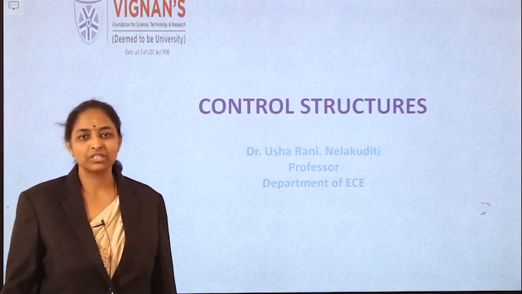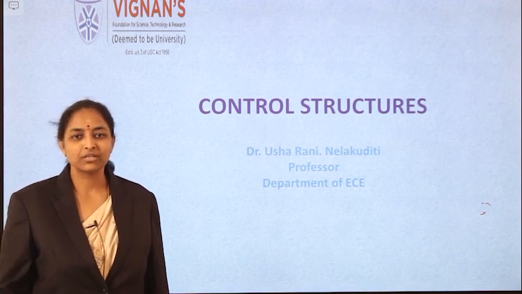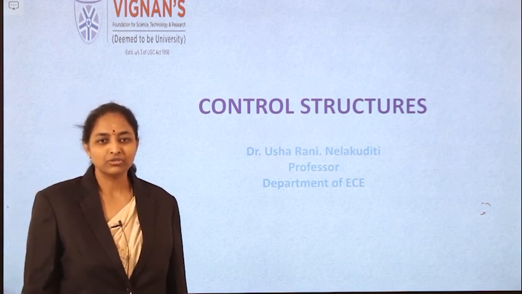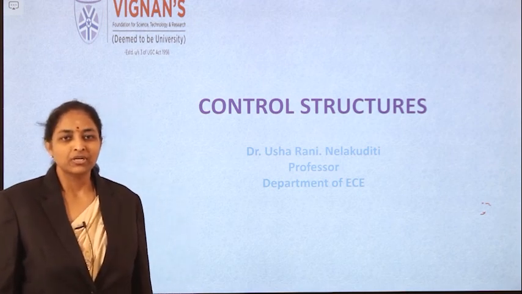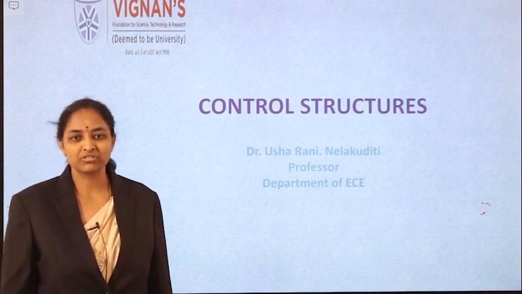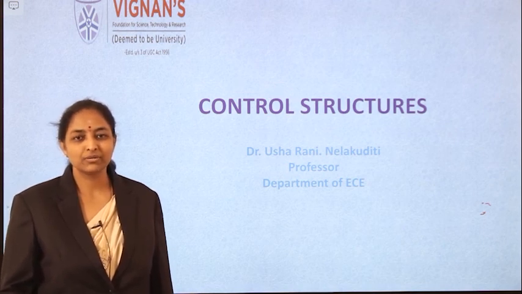Suppose you see DSP or signal processing, where for a second we are going to get many samples. Suppose you want to perform the MAC operation on thousands of samples. There are only two operations, addition, and repeated addition and multiplication by shifting the sample.